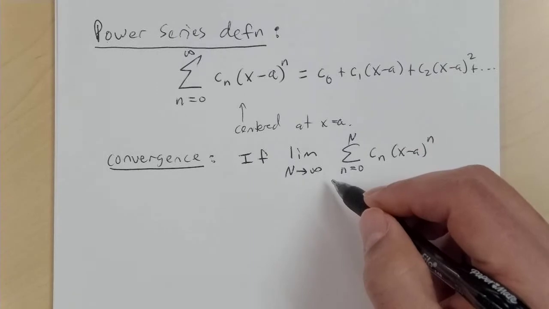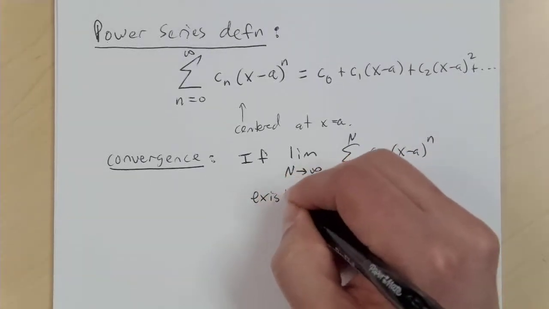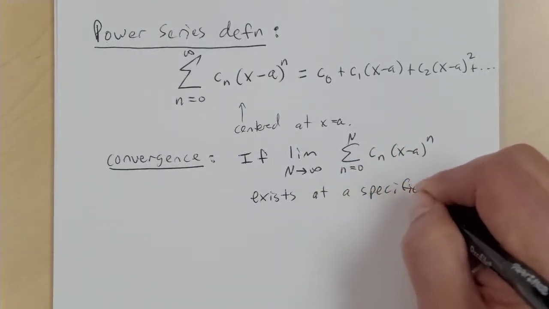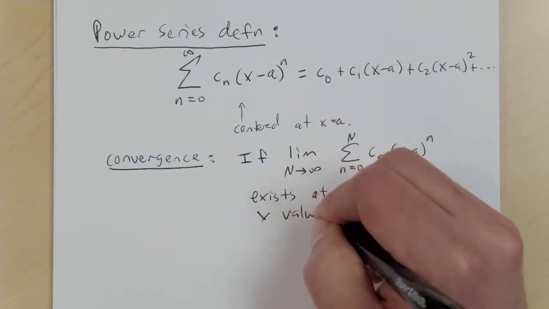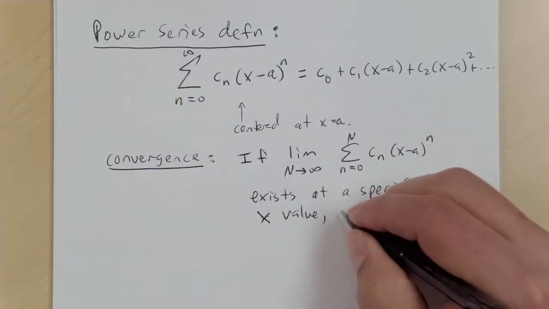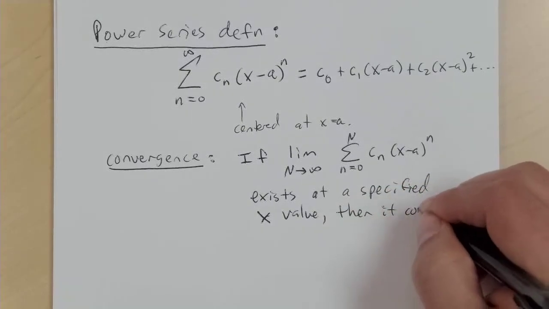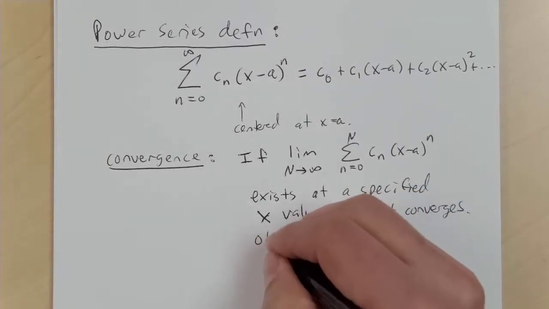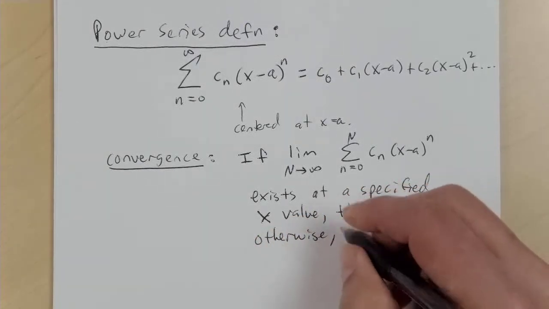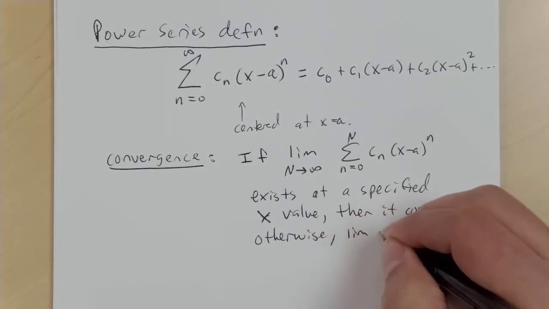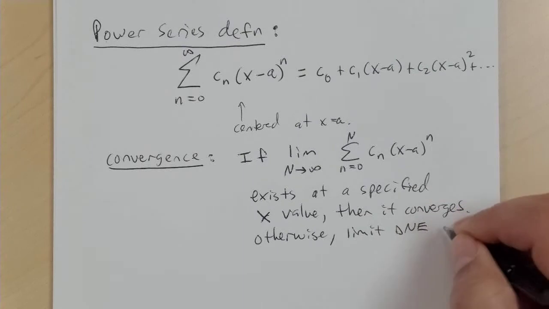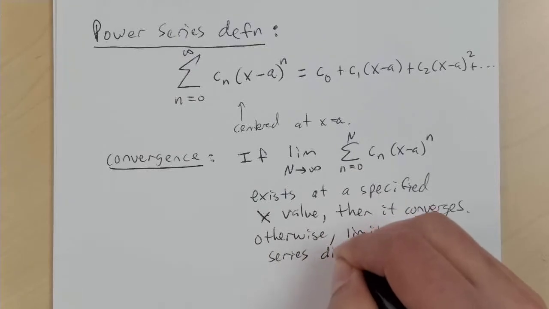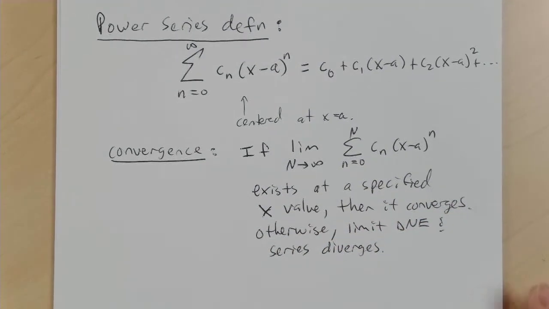So if this limit exists, at a specified x value, then it converges. If the limit does not exist, the series diverges.